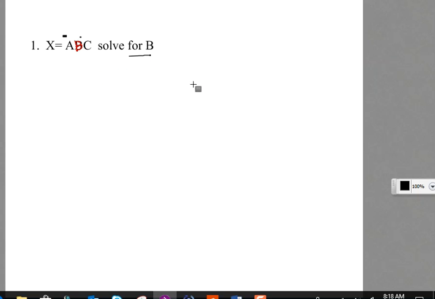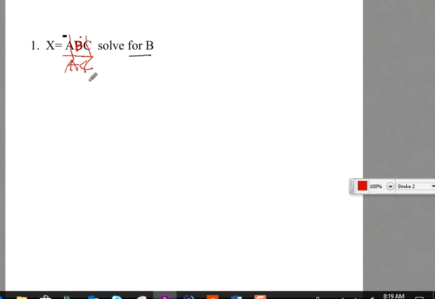So the way that we get rid of multiplication is by using division. If I divide by a times c, that's going to get rid of this multiplication of a and this multiplication of c and leave me with just b, which is what I want to have happen.